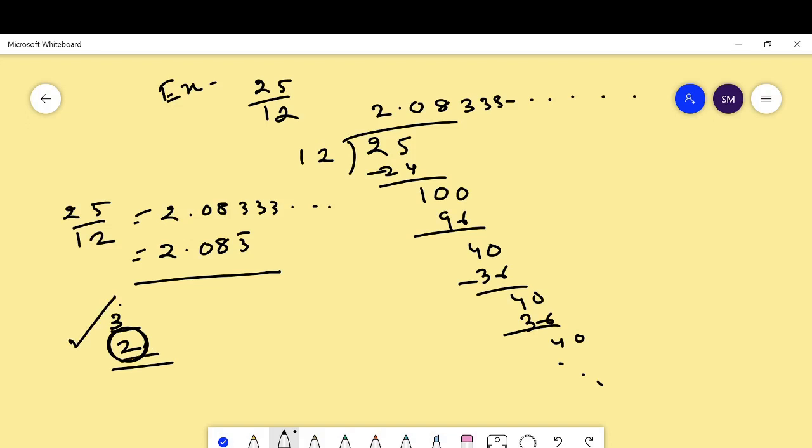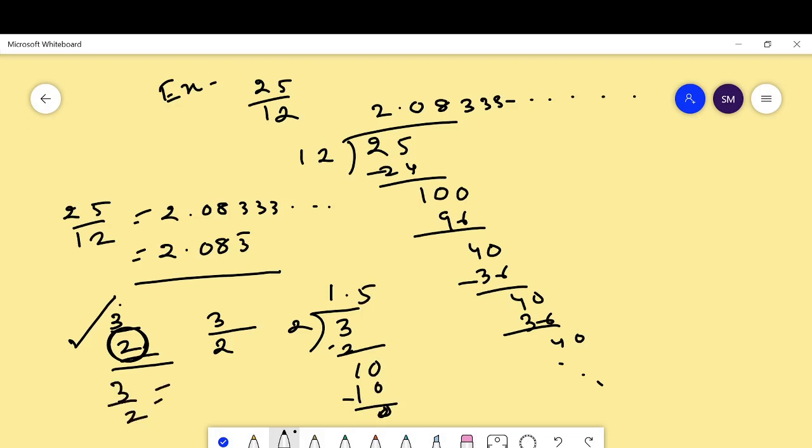If we convert it into decimal form, divide: 2 1 ja 2, then 1, put a decimal here, 0, 2 5 ja 10. Then 3 upon 2 is equal to 1.5. Yes, this is a terminating decimal number.